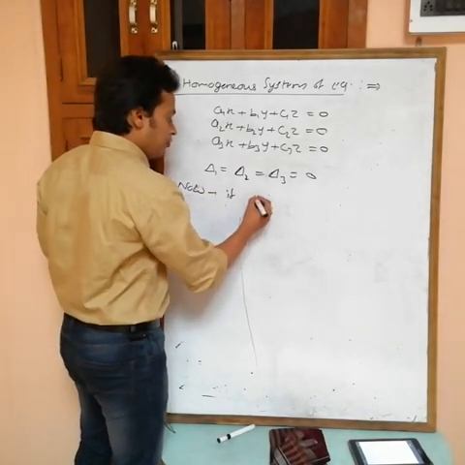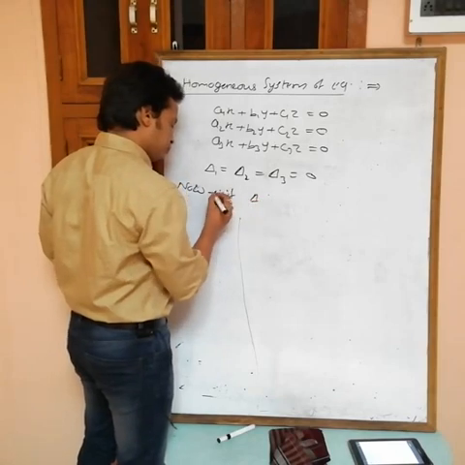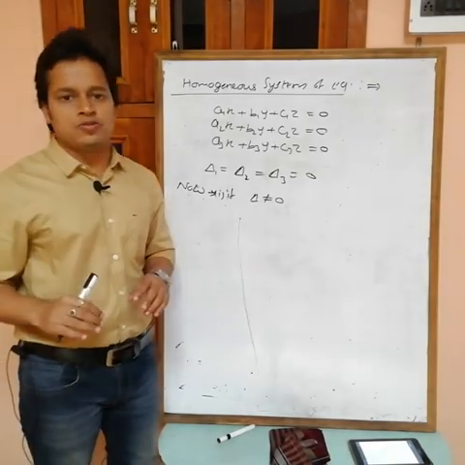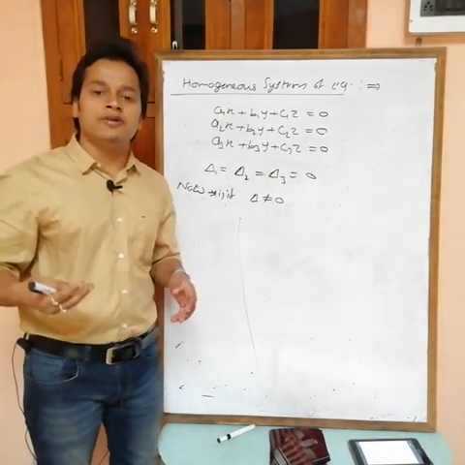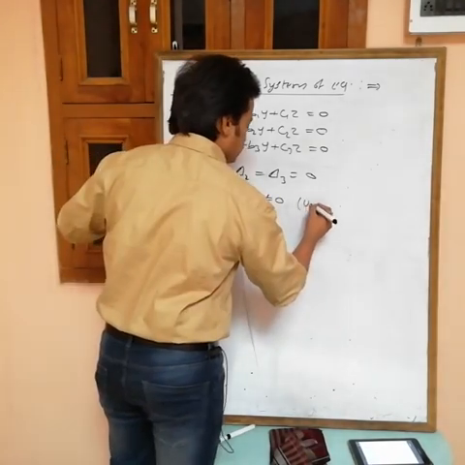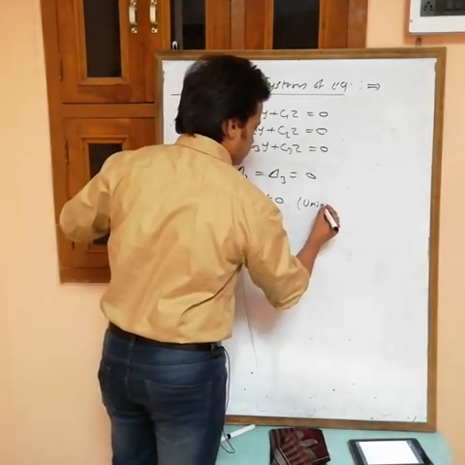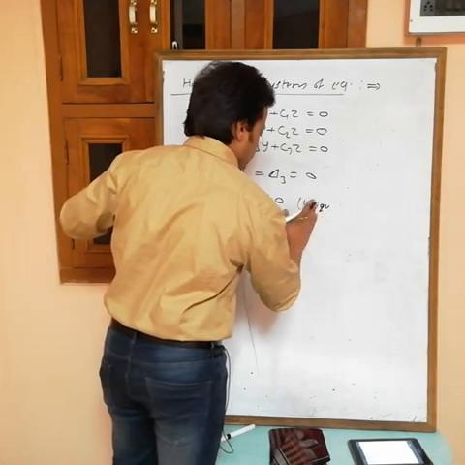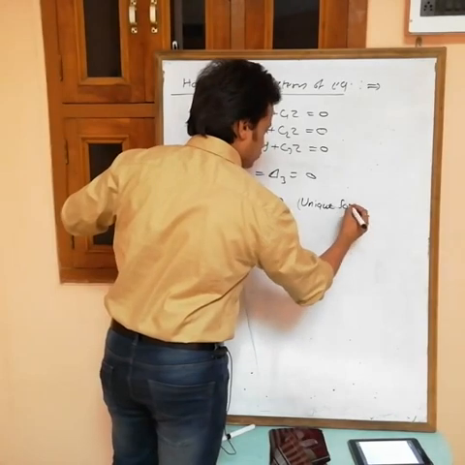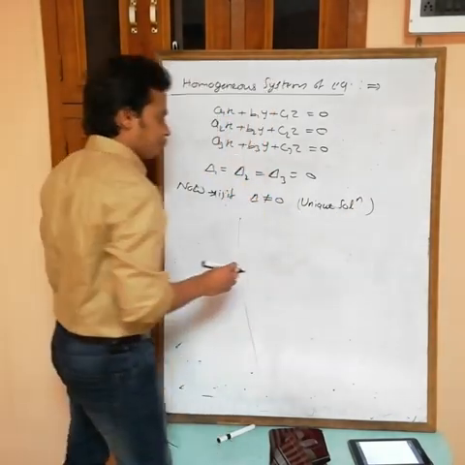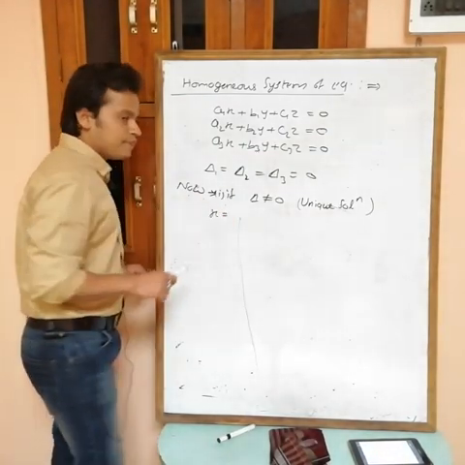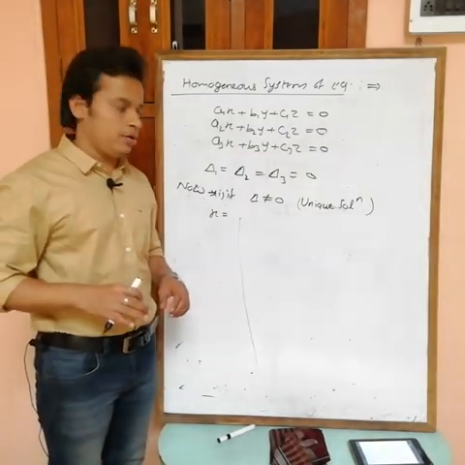Okay, suppose del is not equal to 0. If del is not equal to 0, then what do we have? Then we have a unique solution, and that unique solution is x equals del 1 by del.